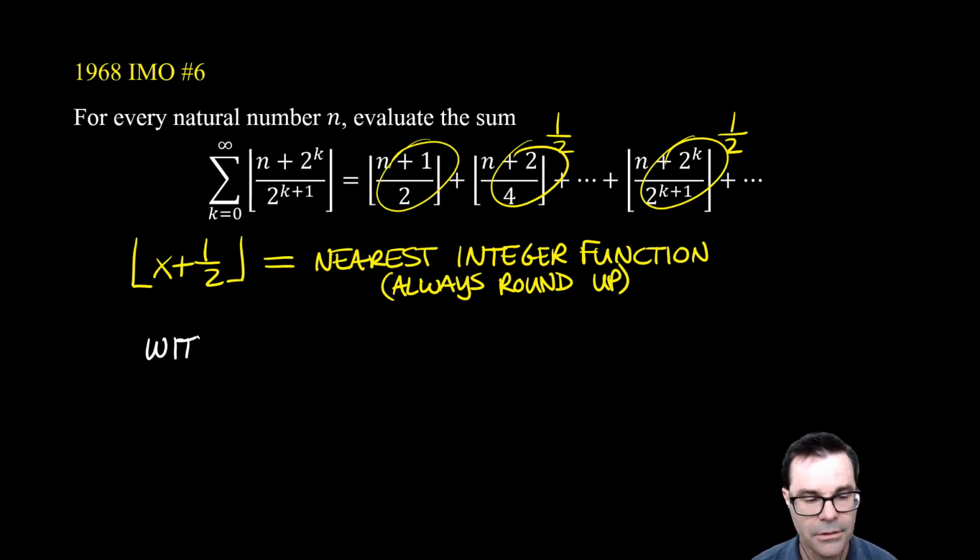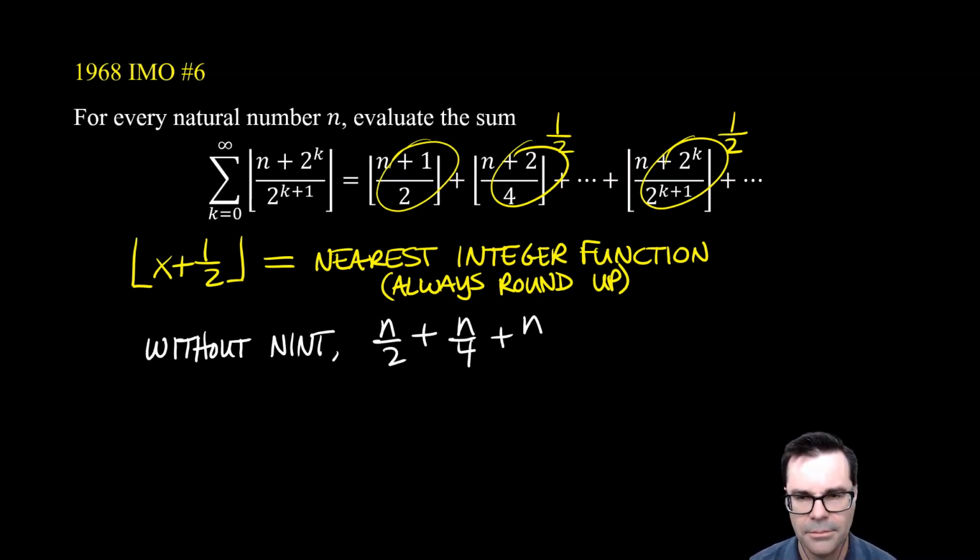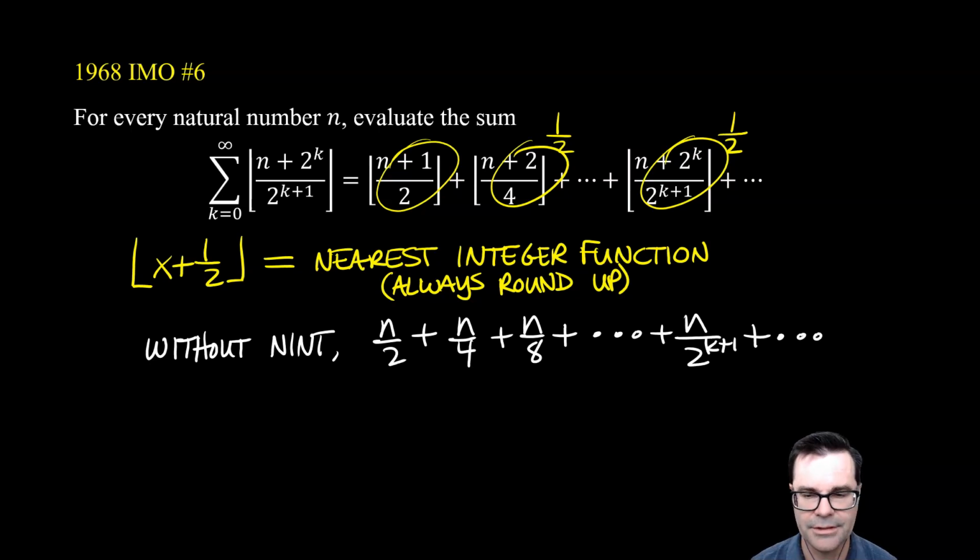So without the nearest integer function, what we really have is n over 2 plus n over 4 plus n over 8 plus ... You may recognize this as just a geometric series, and this just adds up to n. So that gives us a sense that whatever this is going to add up to, it's probably going to be close to n.